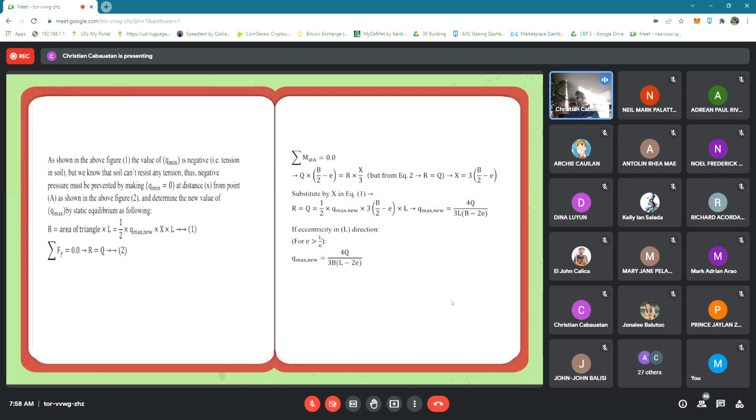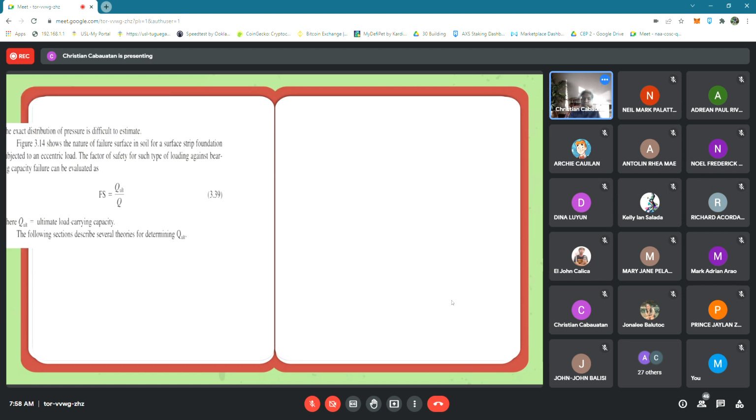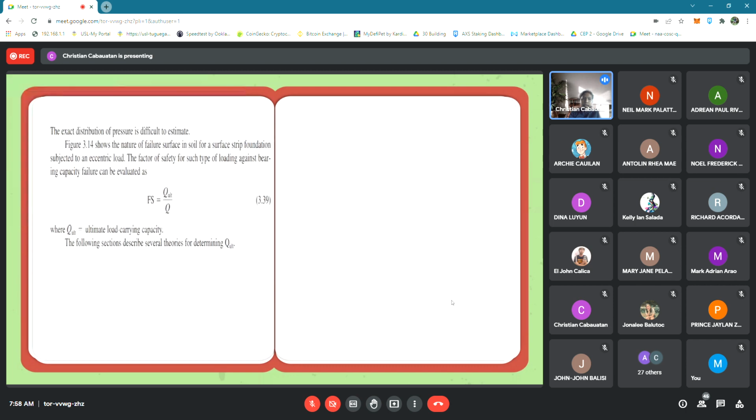If we can see, magpapalit lang po yung placing ng length at width. And by using the factor of safety, again, it is equal to the Q ultimate, or the ultimate load carrying capacity, divided by the applied load.